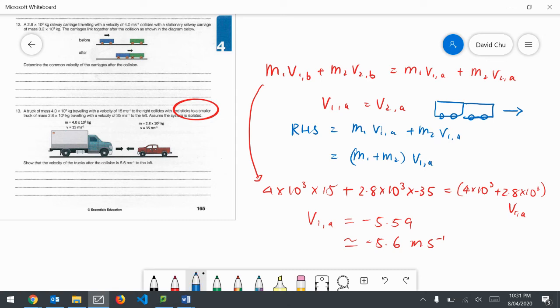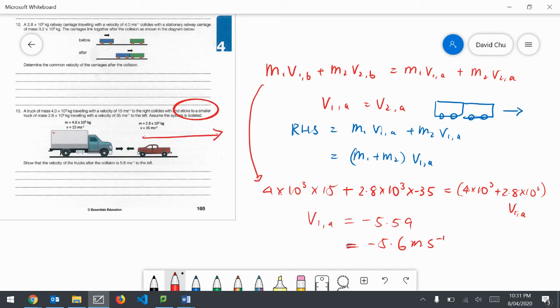Since I have a negative sign here, that means it's traveling towards the left, since we define the right to be positive.